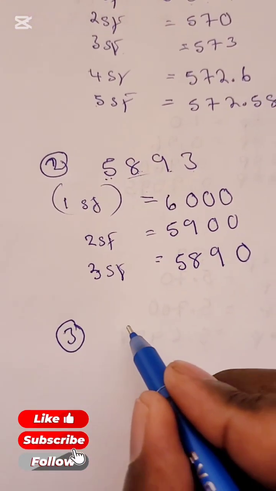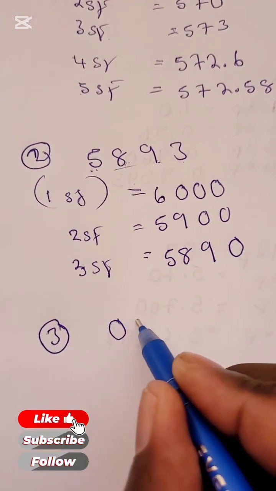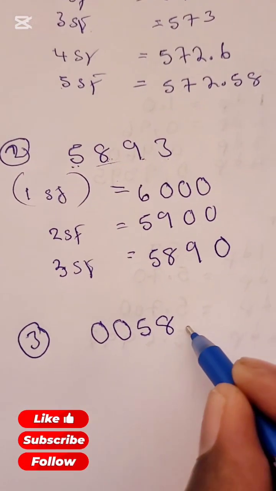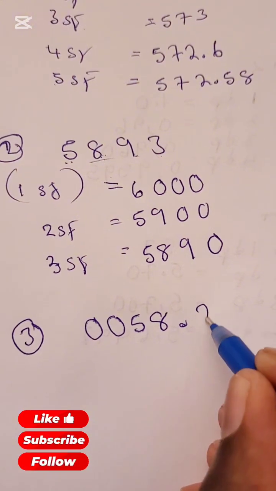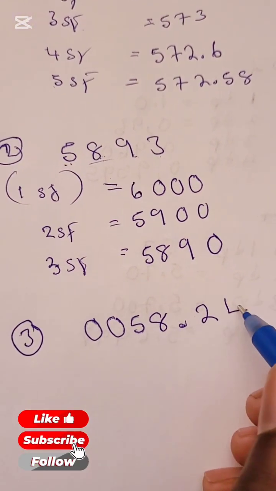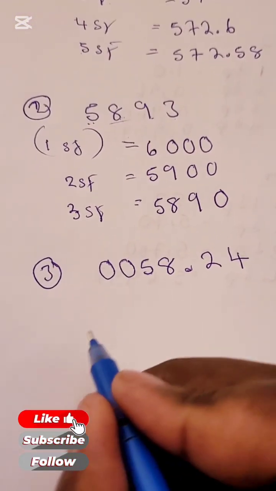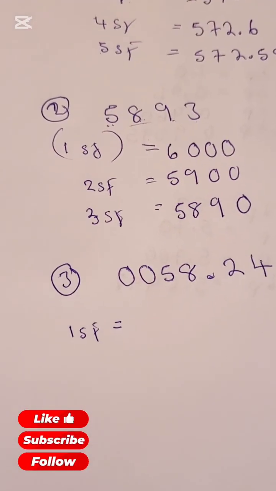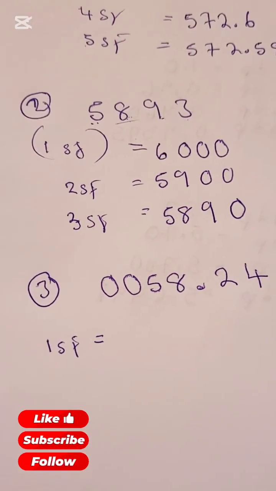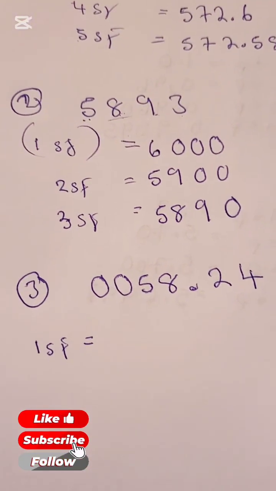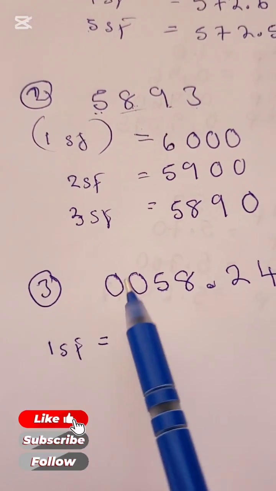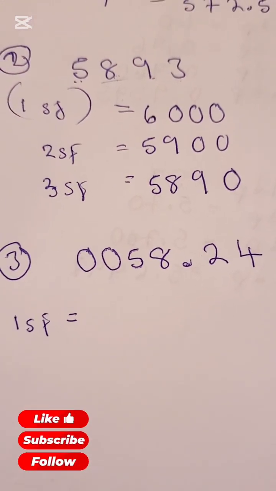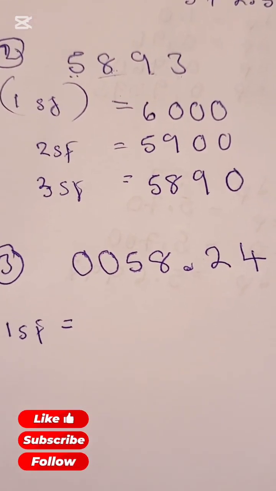Right, number 3, we're given 0058.24. Then they say round off to one significant figure. Right, this one is a bit tricky, but don't worry, I'm going to explain it. Significant figures start at a value which is between 1 and 9.